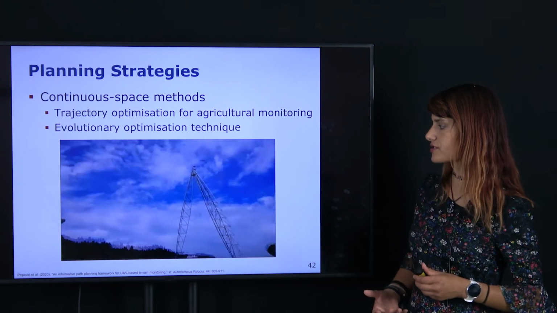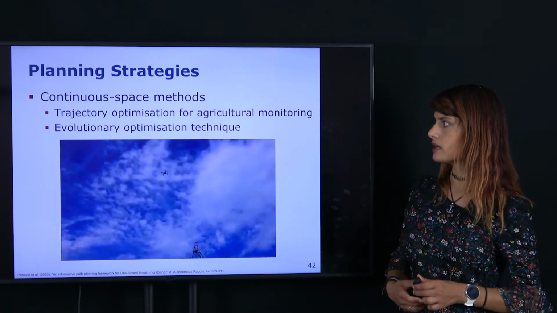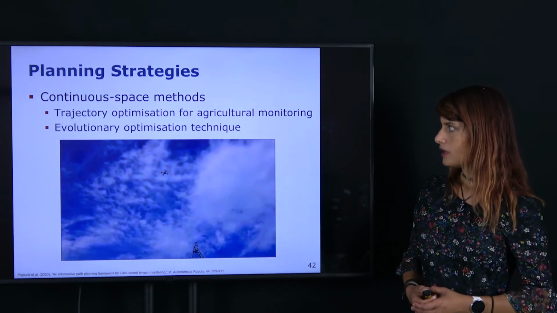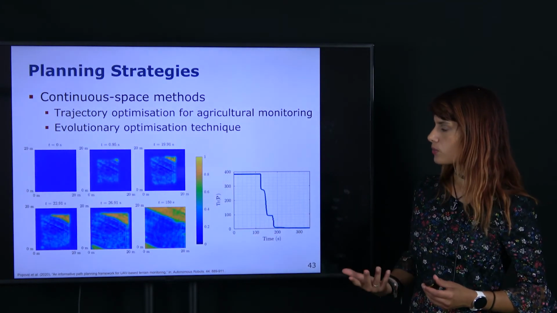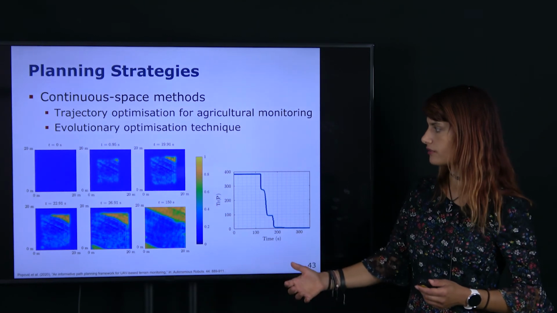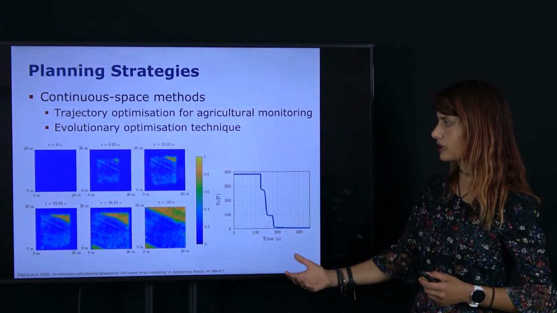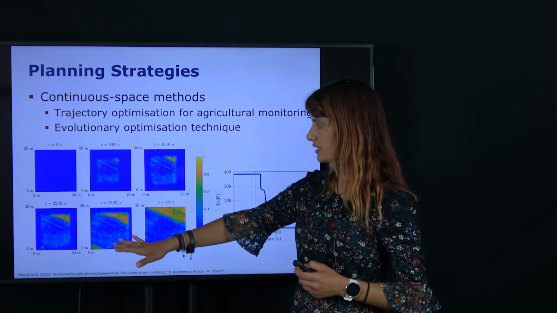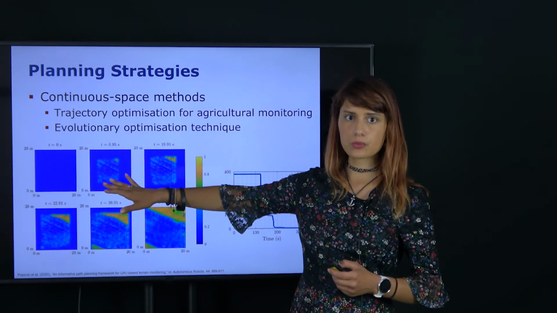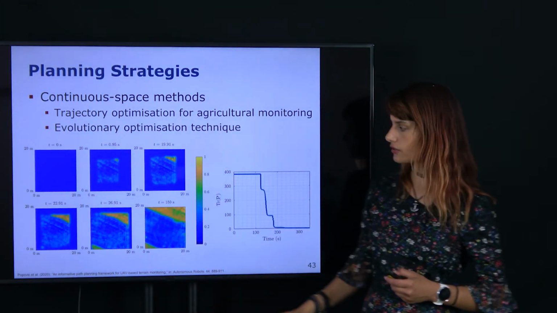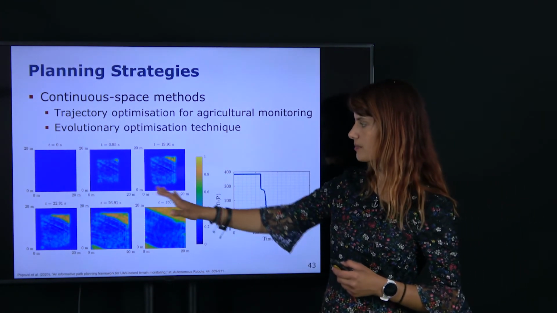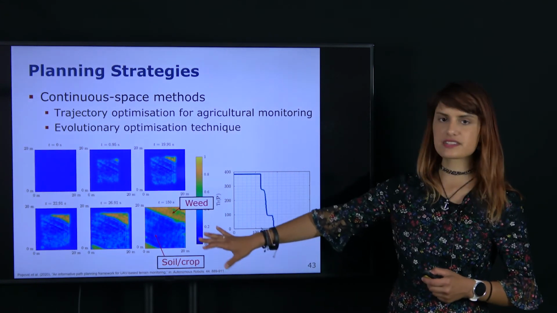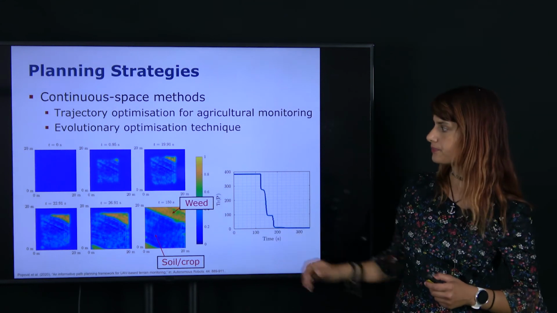So the robot could also react to the data that it collects and use this to guide its next sensing actions. In this example, here are real-world images of the data that was gathered during that mission from the video. The UAV here was monitoring some weed and crop areas on an agricultural field, and we can see how the maps get more complete over time, with the weed, soil and crop regions successfully identified in the end.